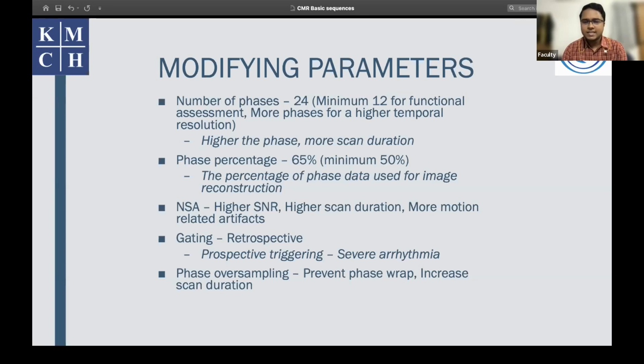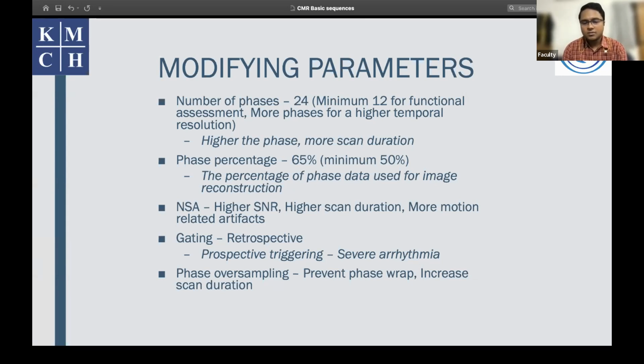The third is NSA, or number of signal averages. This is nothing but the number of times you repeat the same sequence to get a good signal to noise ratio from the image. Naturally, if you increase the number of signals generated, then the scan duration will also increase. And there is also a downside that because the scan duration is increasing, there are more chances for motion related artifacts.